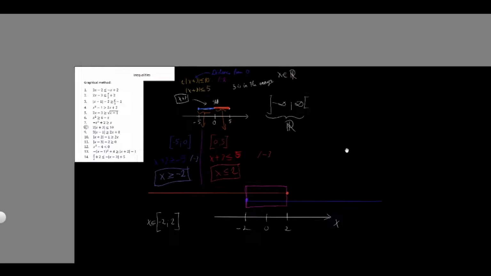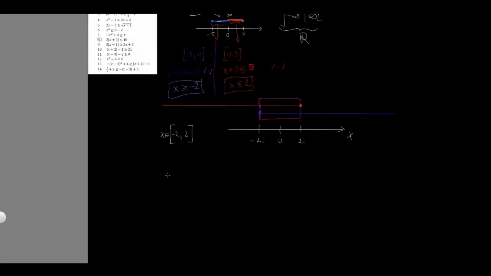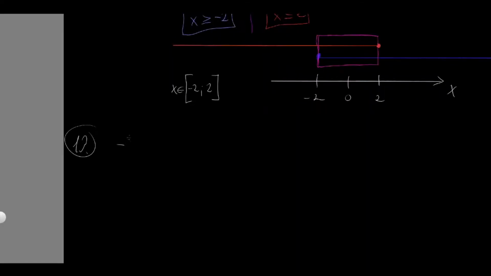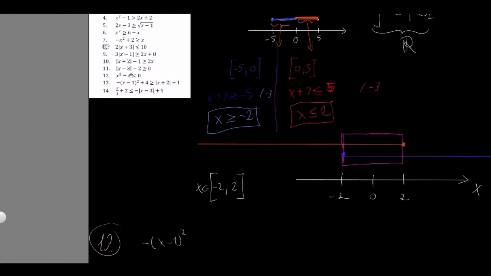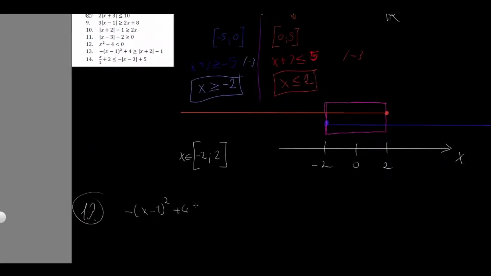Let's take a look at an easier one. Well, not particularly easier, but somewhat easier. 13. And that is minus (x minus 1) squared plus 4, which is greater than or equal to the absolute value of x plus 2, minus 1.